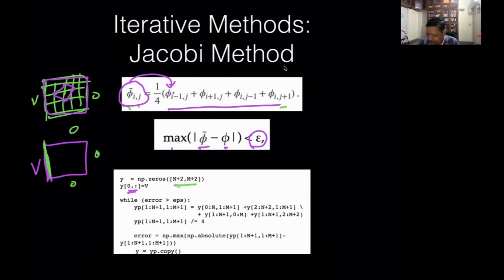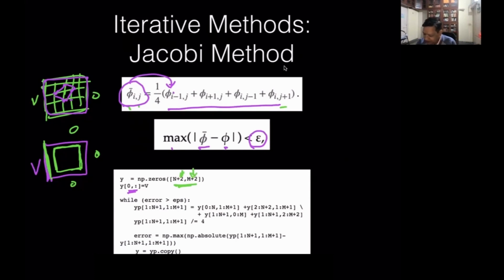I first set up my grid, m plus 2 and n plus 2, so my unknowns are inside. That is n comma m, but I have 2 extra values for the left wall and right wall, and the top wall and bottom wall.